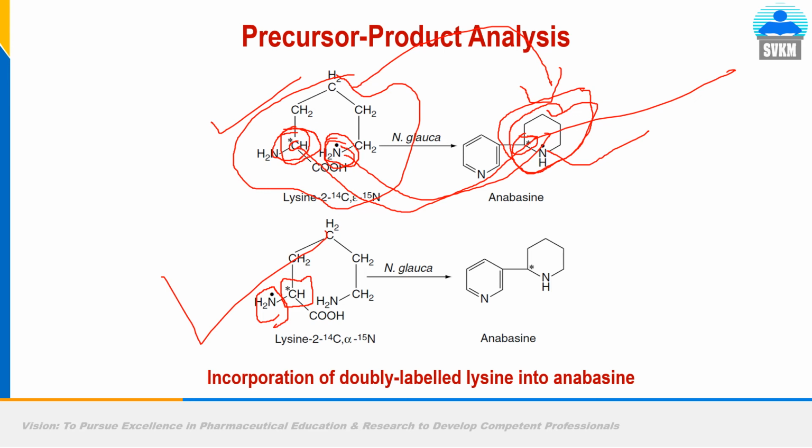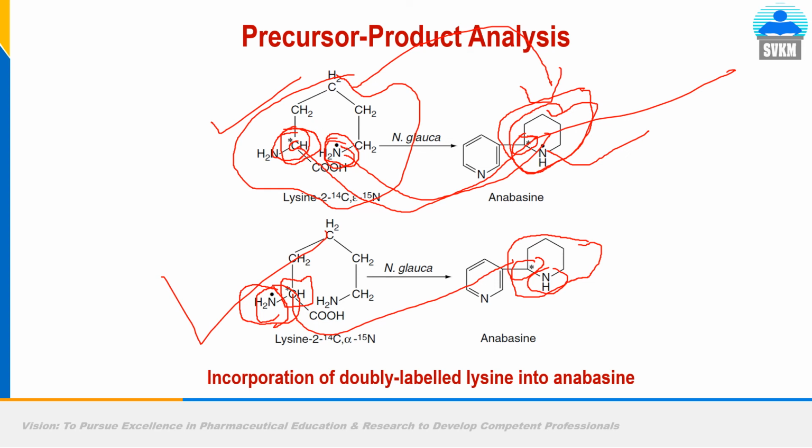Now when we feed this lysine into the N. glauca plant, there will be formation of enabasine. Our point is, in this ring of enabasine, that is the piperidine part of the enabasine molecule, this carbon is again coming from this carbon. As such, this carbon has come from this carbon, but this nitrogen has not been utilized for this nitrogen.